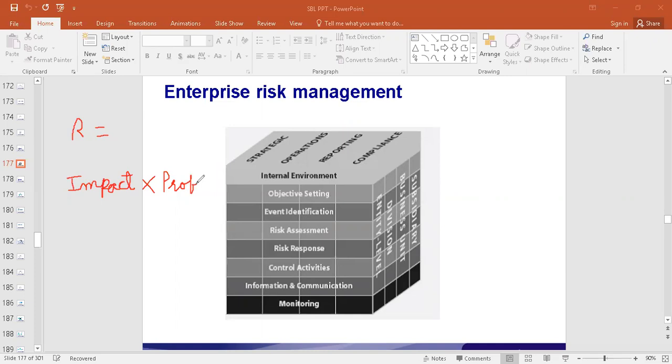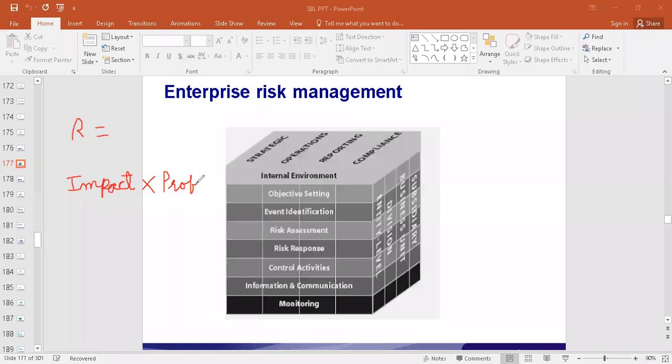So response is, we know that it is risky. There are four different responses that can be seen in case of risk. One is, the risk can be avoided.